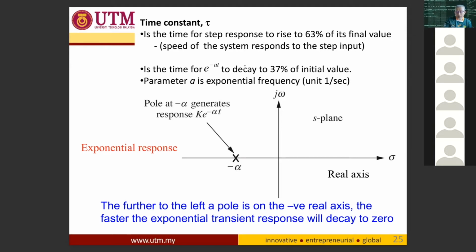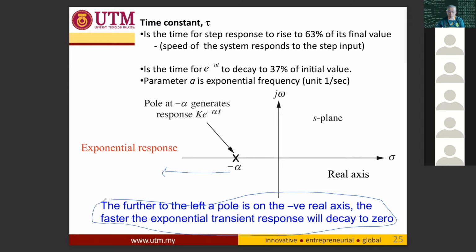So a pole at minus alpha generates a response of k exponent minus alpha t. If you move this pole further to the left, the faster the exponential transient will decay to 0. Ingat ayat ni lah: the further to the left the pole on the negative real axis, the faster the exponential transient response will decay to 0.